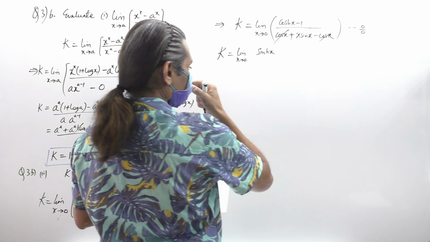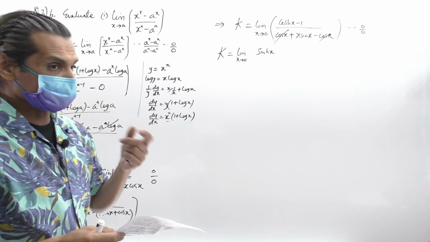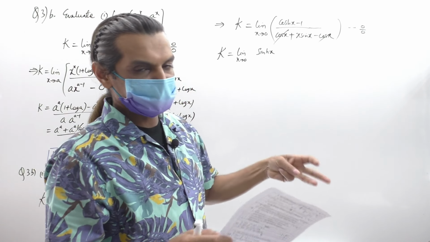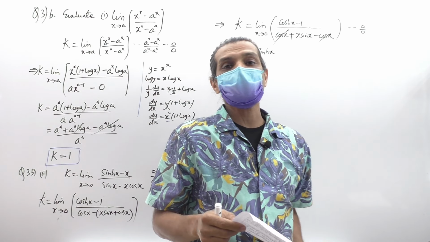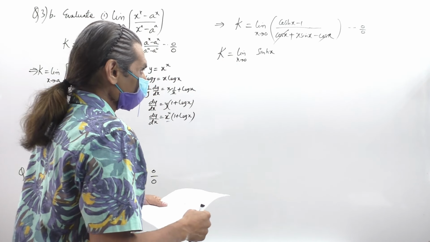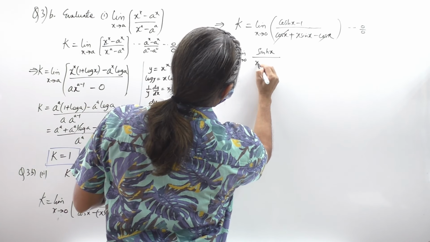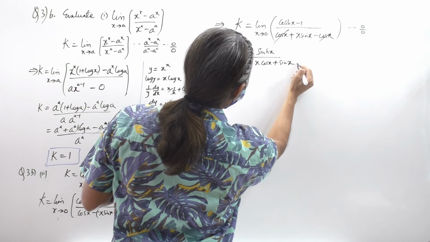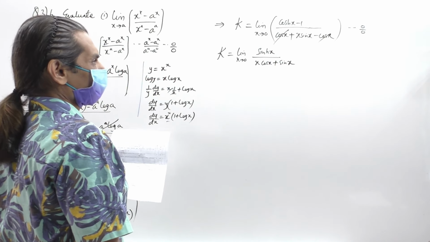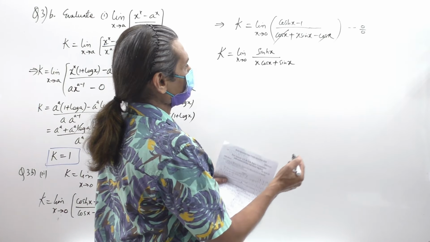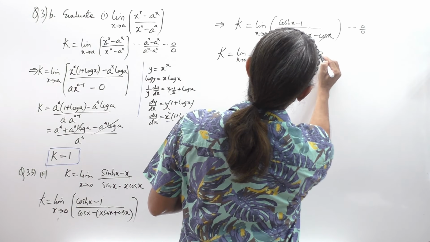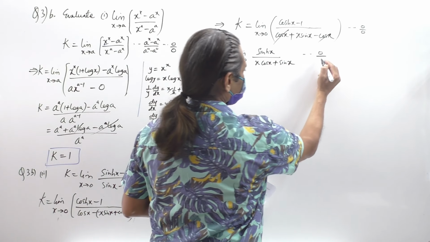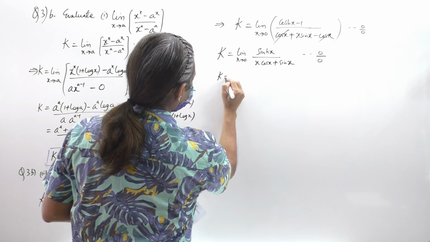Differentiation of sin x is cos x and of cos x is minus sin x, but in hyperbolic functions, differentiation of sin hyperbolic x is cos hyperbolic x, and derivative of cos hyperbolic x is sin hyperbolic x, upon again x as it is, product rule, into cos x plus sin x as it is into 1. Again if you apply the limit here, sin hyperbolic 0 is 0, cos 0 is 1, 0 into 1 is 0, plus sin 0 is 0. So again let's apply the L'Hopital's rule one more time.